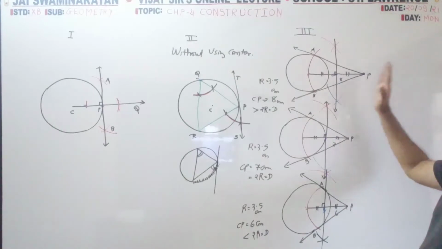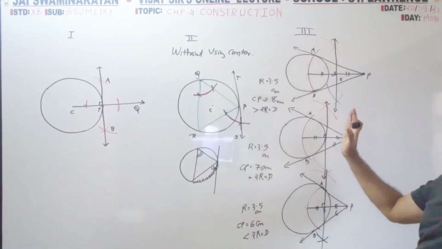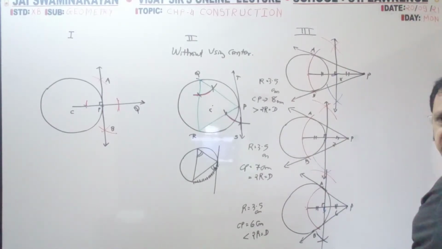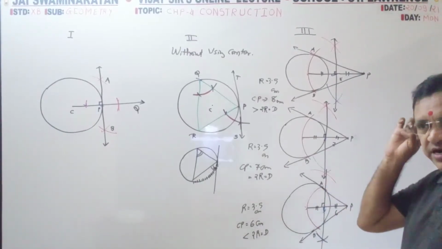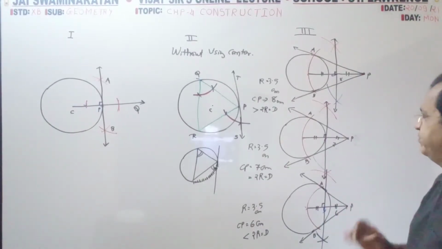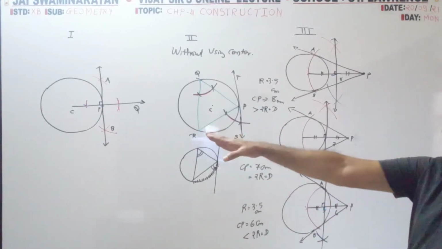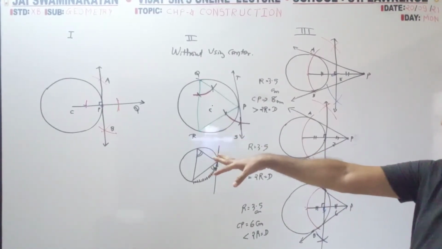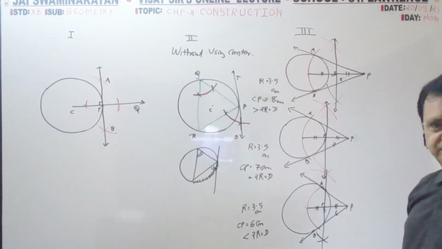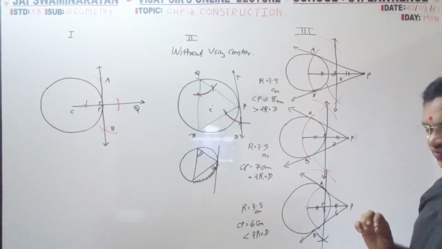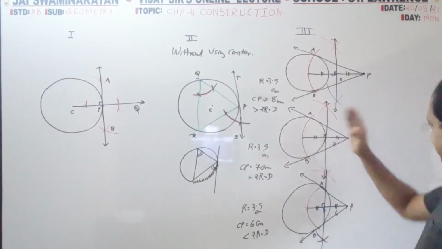When it is more than double, your perpendicular bisector will be out. If it is exactly double, your perpendicular bisector will be on the circle. When it is in the circle. Follow? This is with using the center, without using the center, single tangent from a point on the circle, from a point outside the circle.